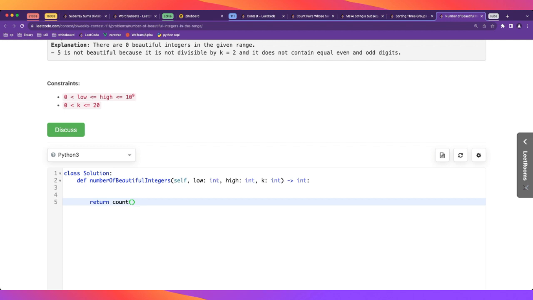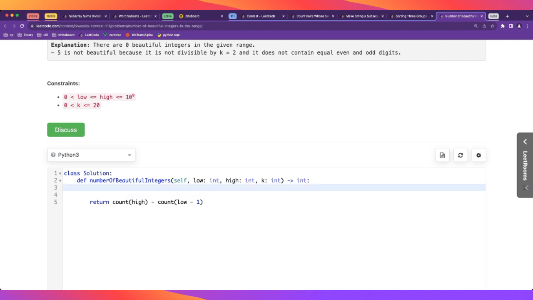Let's call this n. Why not? So then we could just count the difference between high and low minus 1, and that is going to give us the number that we want.